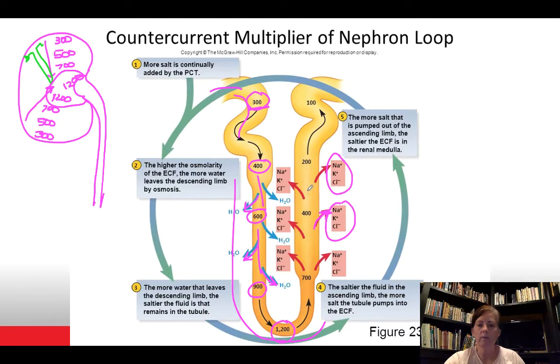So at this point, we've got increased concentration of solutes inside the tubule as compared to outside. So we're going to actively pump salts from the tubule into the extracellular fluid. As a result, we're going to have increased concentration of sodium chloride outside the tubule in that extracellular fluid.